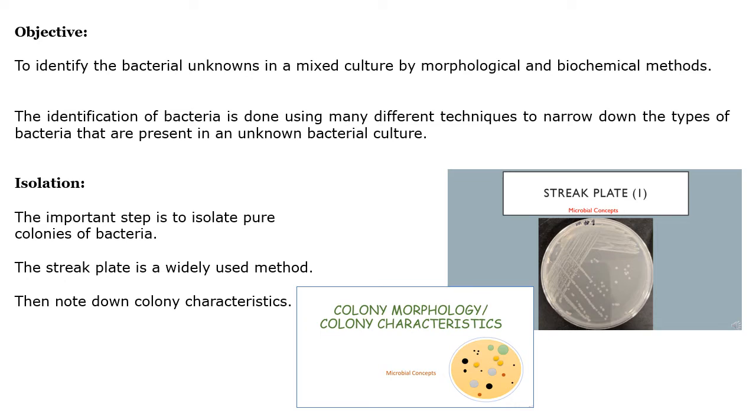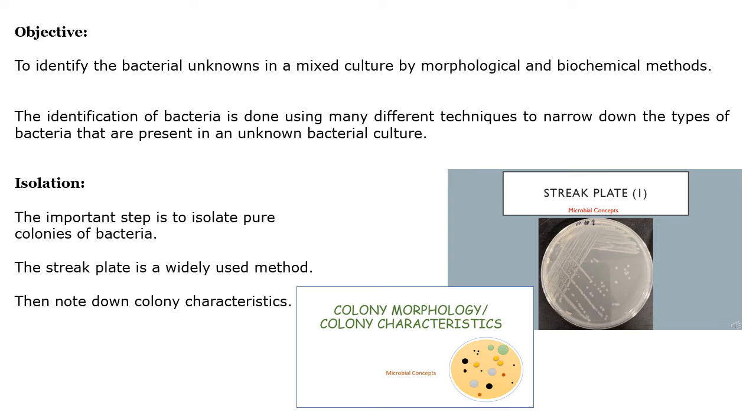We use Bergey's manual and biochemical tests to identify it. Up to college level we identify till the genus, and hardly any species identification is done in colleges. That is okay, but in your masters you may be required to identify till the species level for your projects and dissertation. I'm also going to discuss that, so watch this video till the end.